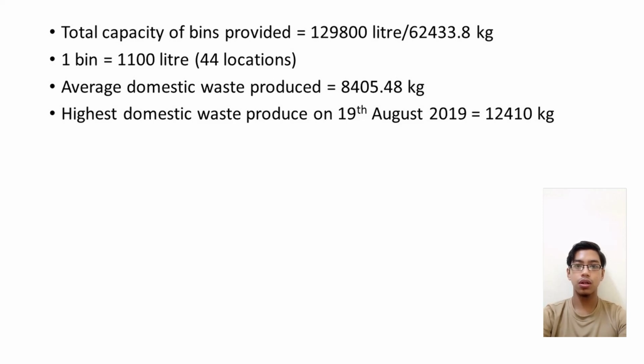So the amount shows 8,405.48 kilograms of domestic waste produced in a day, and the highest domestic waste produced is on 19th August 2019, where the amount is 410 kilograms.